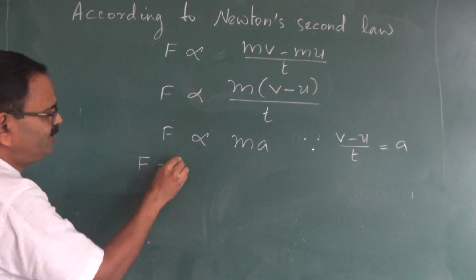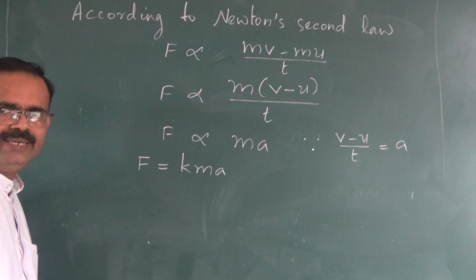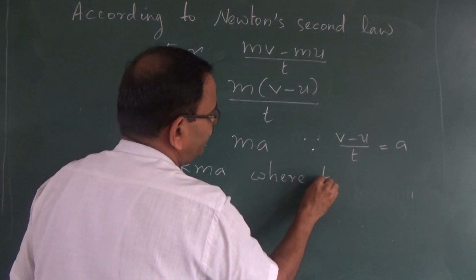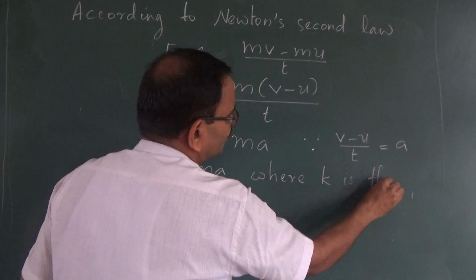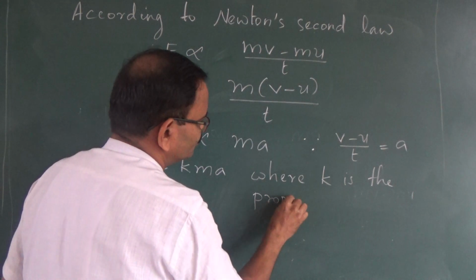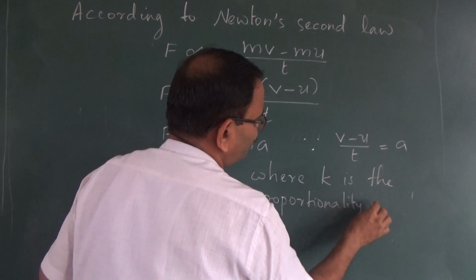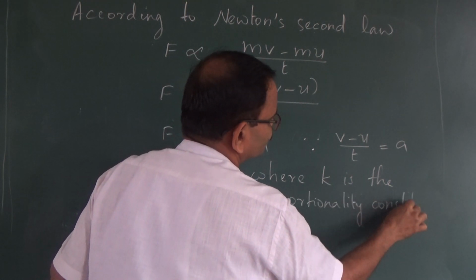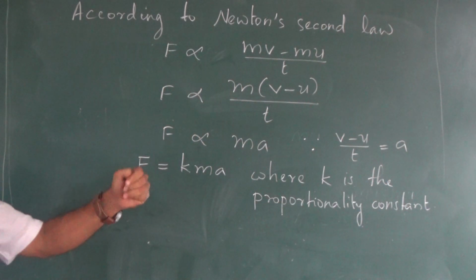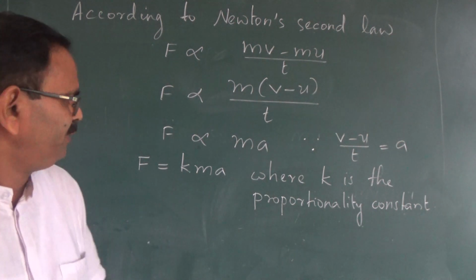We write F is equal to kma, where k is the proportionality constant. So we got F is equal to kma.